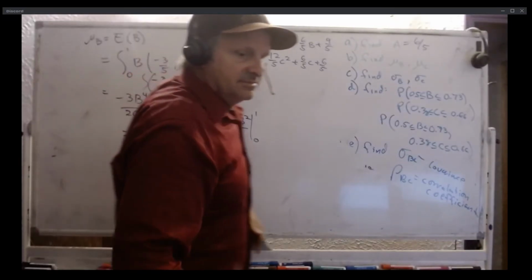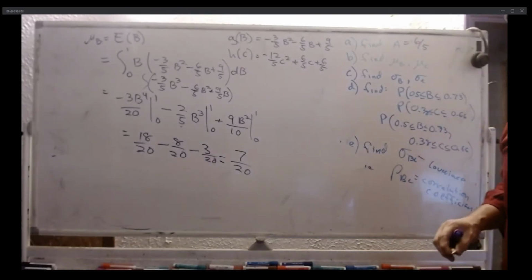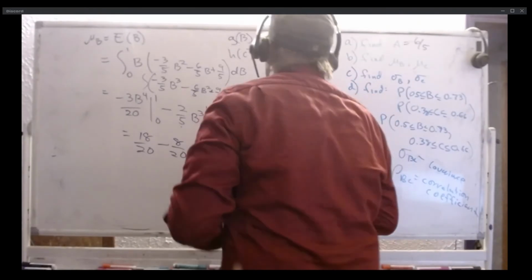Ready to find H of C? Yep. Guys, it's the same thing. We're just going to take H of C and multiply it by C. That's the expected value, of course.